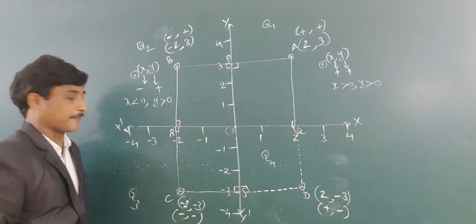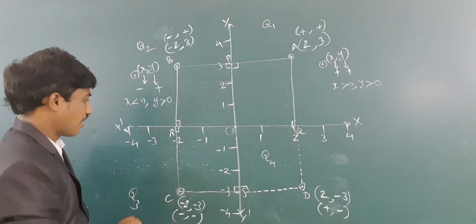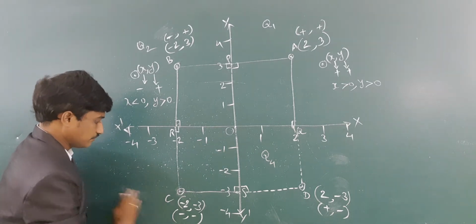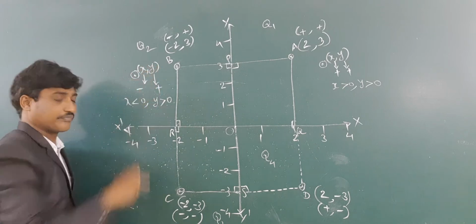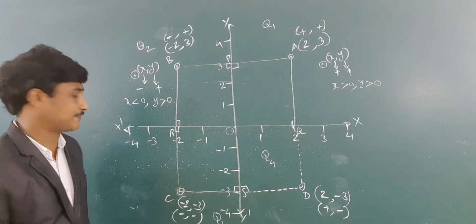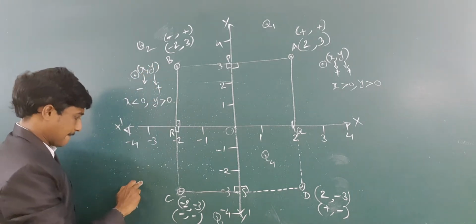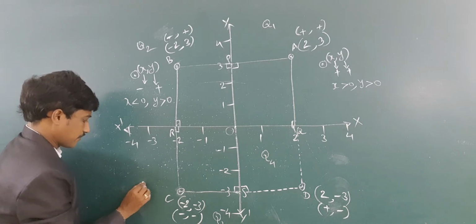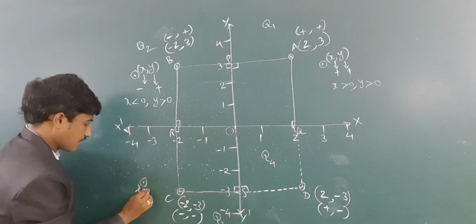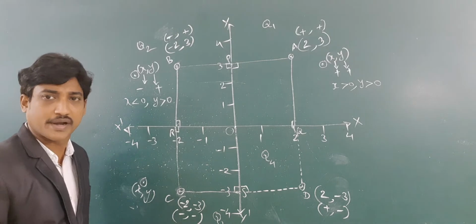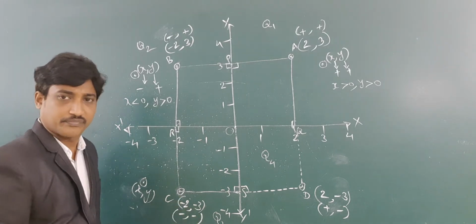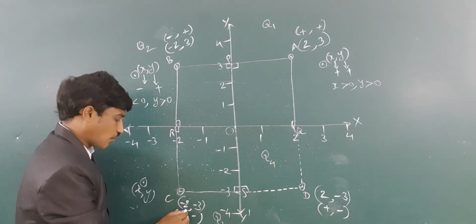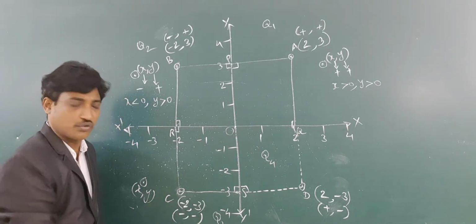In the third quadrant, if the point xy is in the third quadrant, every point in the third quadrant has both coordinates with negative sign.